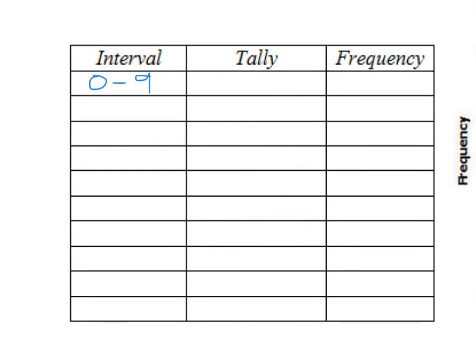In our next interval, we can't start at 9. We have to start at 10. If we start at 9, then when we get a value that is 9, we won't know which interval to put it in.